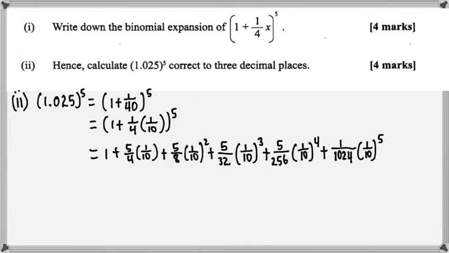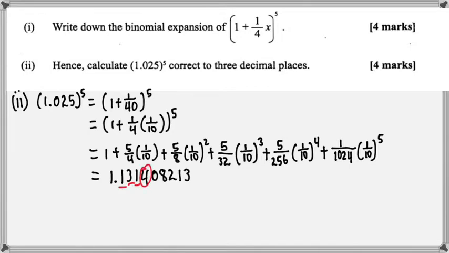All we do now is plug this entire thing into the calculator, or you could work the terms out individually and then find the sum. Plugging it into a calculator might save your time. In the end, this is the entire figure that I got on my calculator. They asked us to correct it to 3 decimal places, which is 1, 2, 3.